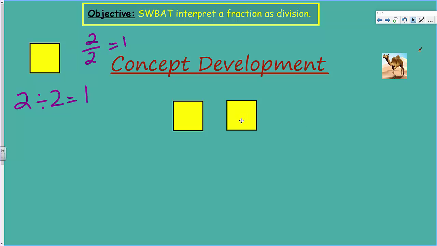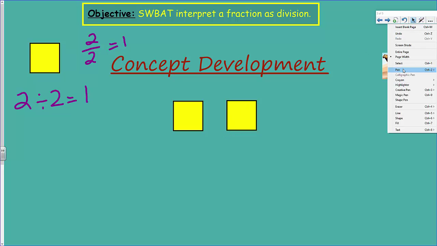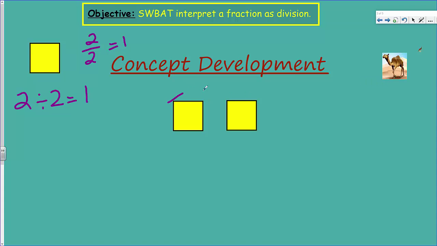So basically, we're going to have these 2 crackers, and we're going to share these 2 crackers equally between 2 people. I'm going to take my pen here and first show that we have 2 crackers together. Now what we want to do is share these 2 crackers equally with 2 people.